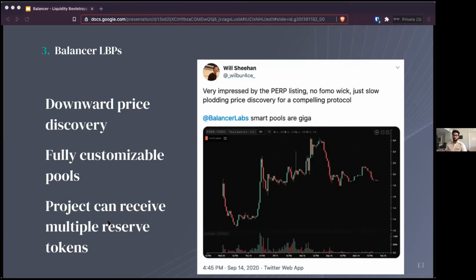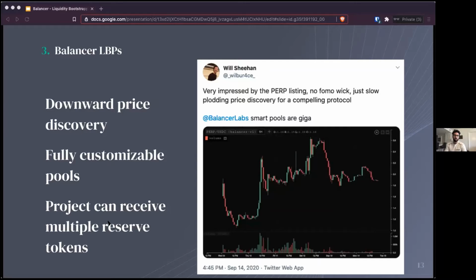Just to explain that a little more for anyone who's not familiar, a liquidity pool on Balancer consists of tokens that are held according to predefined weights. On Uniswap, for example, every pool is 50-50, 50% ETH, 50% DAI, for example. On Balancer, those percentages are customizable.